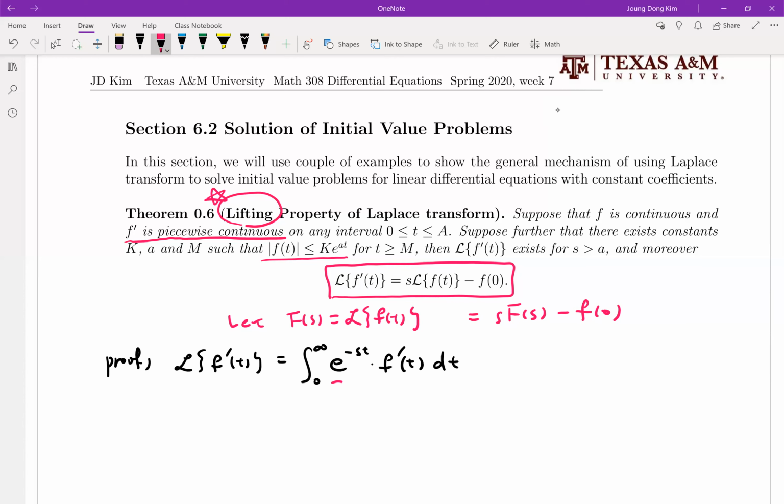Let's say u is e to the minus st, then du is minus s e to the minus st dt, and let's say dv is f prime dt, then v is simply f, right?